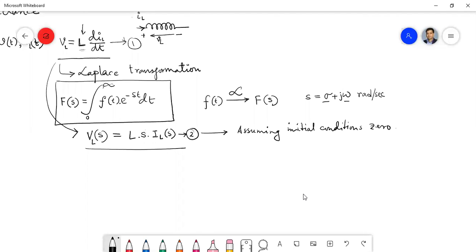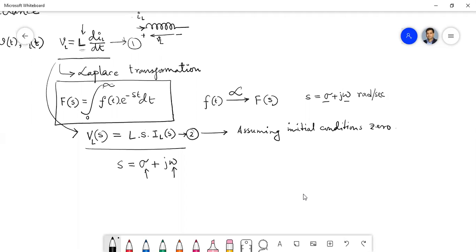Okay, now depending on this s value, as I have already written, sigma plus j omega. Actually when we go for the solution of any variable, we will have two states.